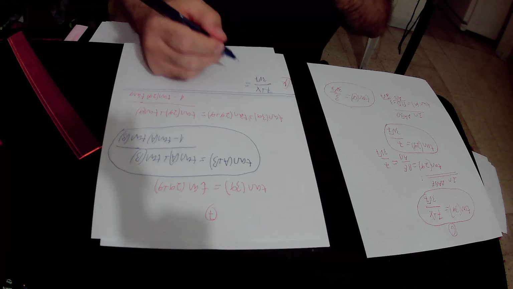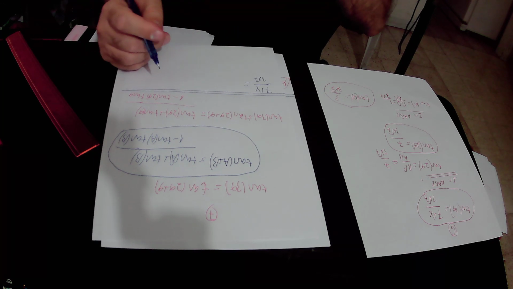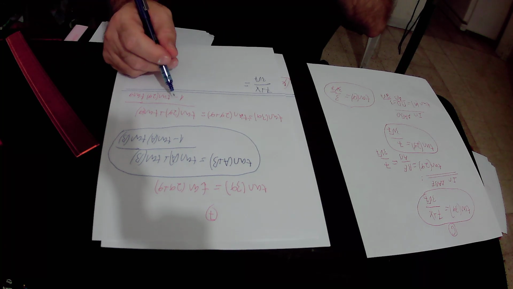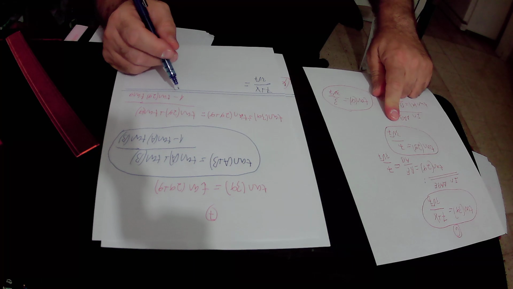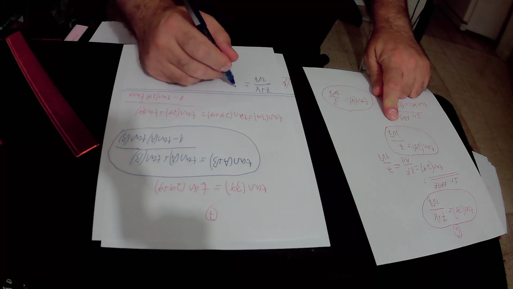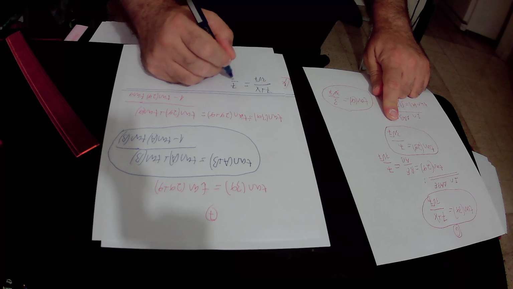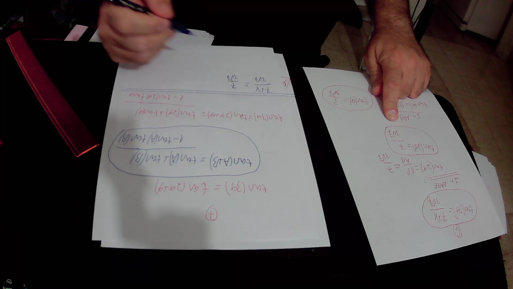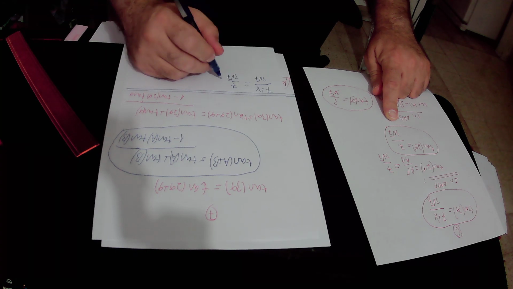equals tangent 2 alpha. We already found out that tangent 2 alpha equals 7 over 3 times root 7, plus tangent alpha.